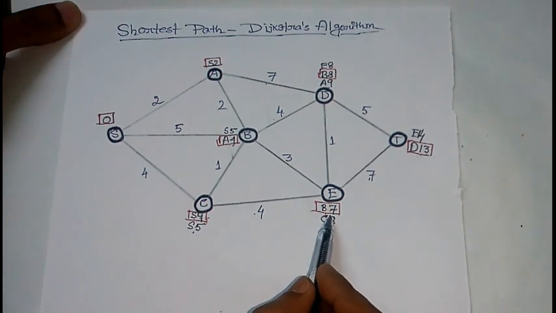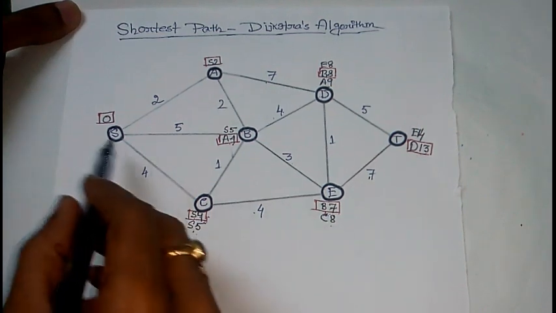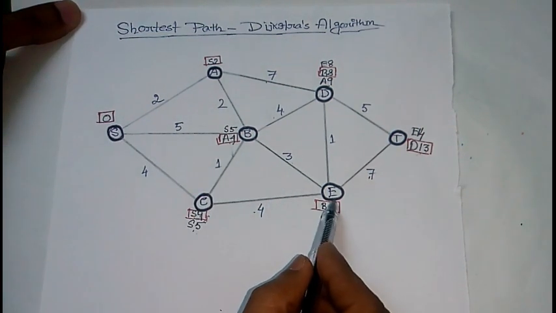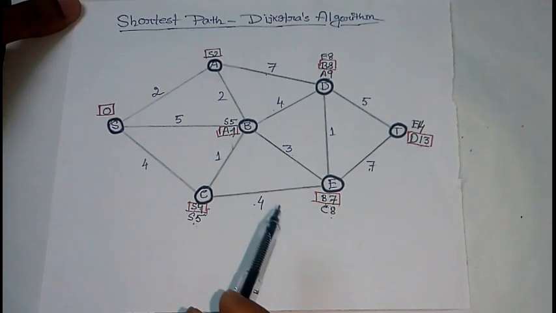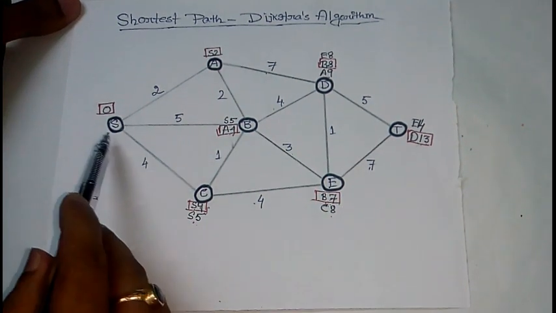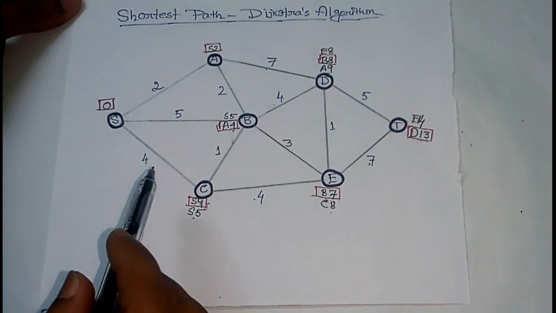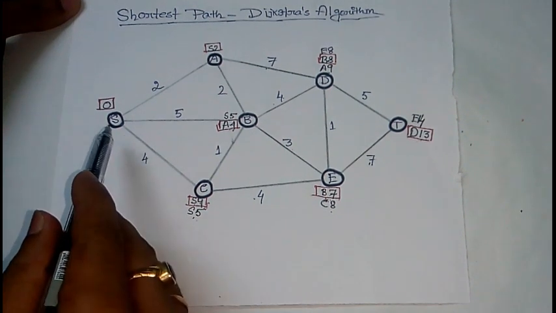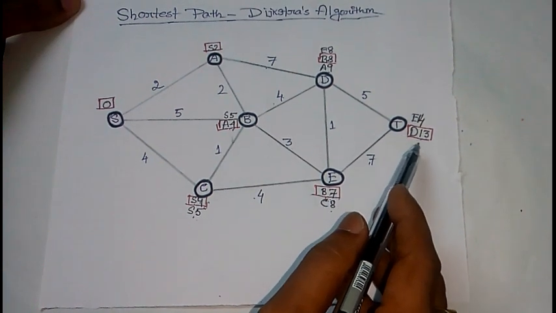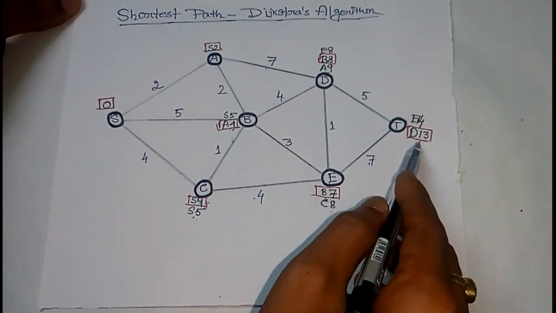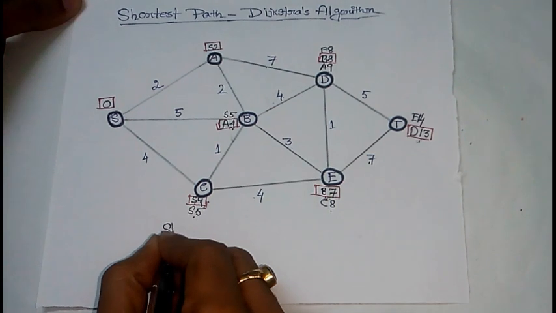That means 7 is the shortest distance of a path from S to E. So from this graph, we can easily compute the shortest distance of any vertex from the starting vertex S. Now in the question, we had to compute the shortest distance between S and T. Since the permanent level of T is 13, the shortest distance is 13.